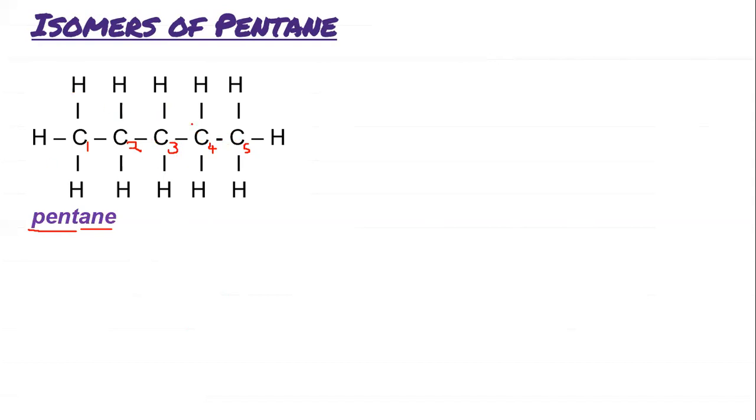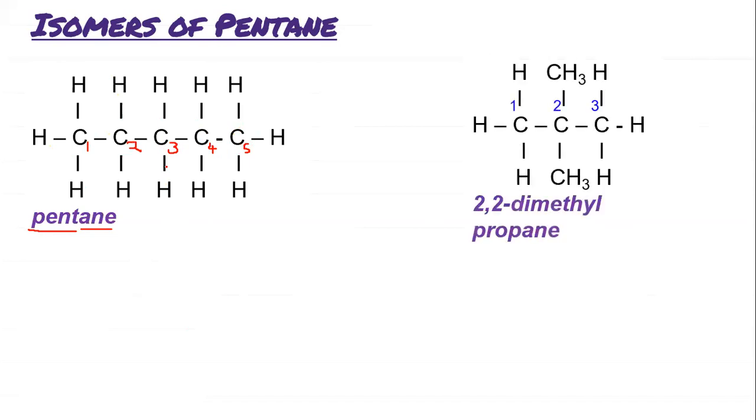Let me shorten the parent chain so that I can take one of these carbons and make it a substituent. So that is the trick I want to give you: shorten the chain. It was 5 carbons long, so make the parent chain 4 carbons long so that one of the carbons is made a substituent.